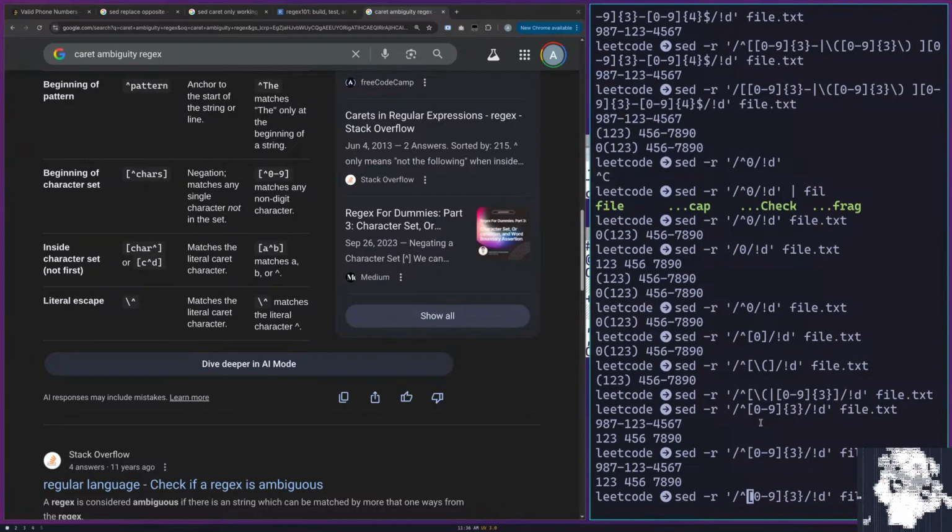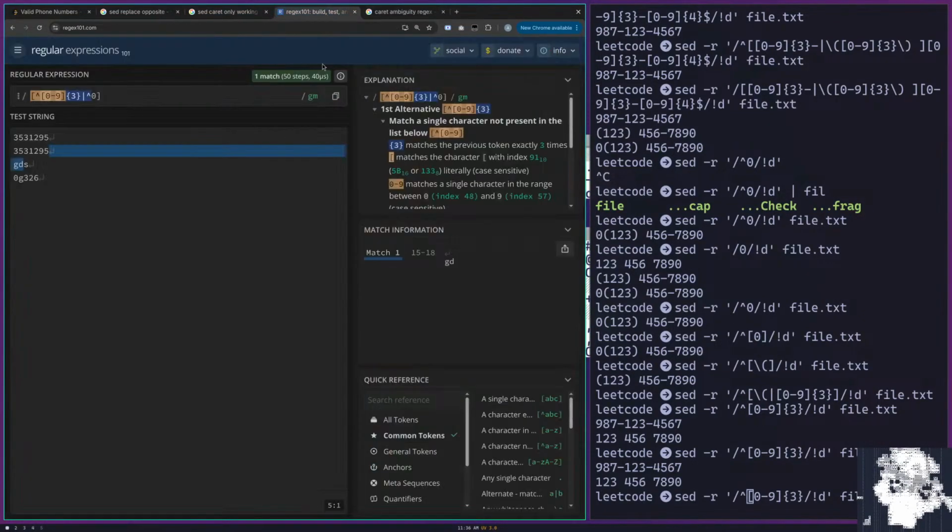This shouldn't even be the problem, right? Because it's not inside the character set. But it seems like it is doing that.